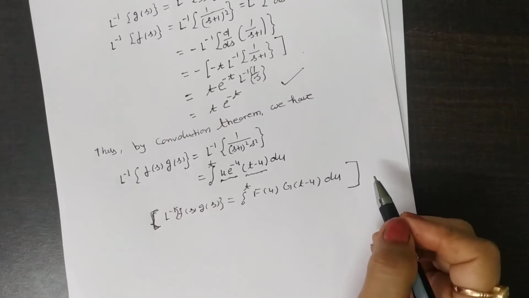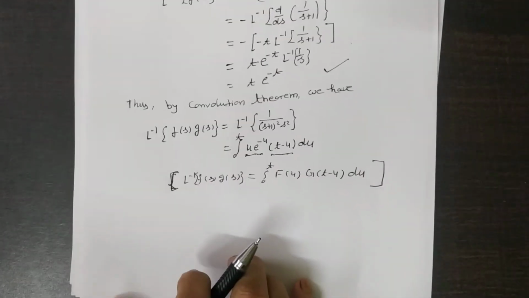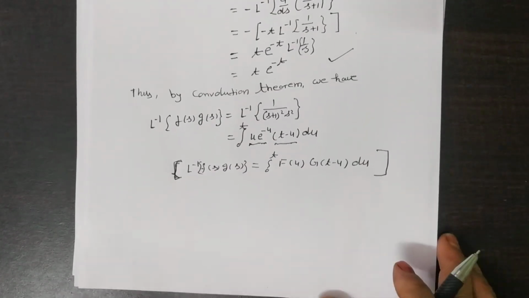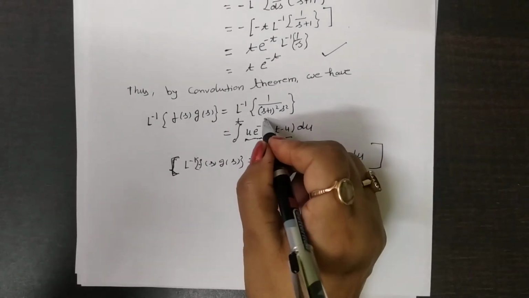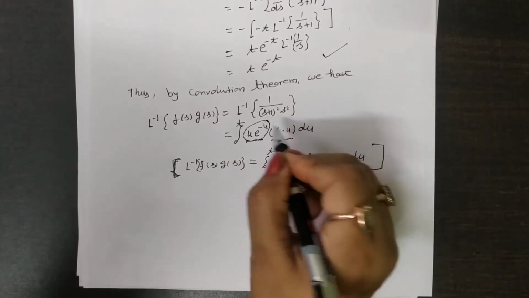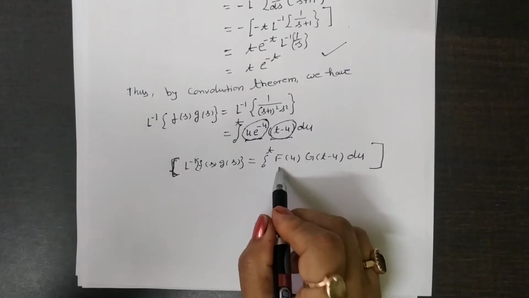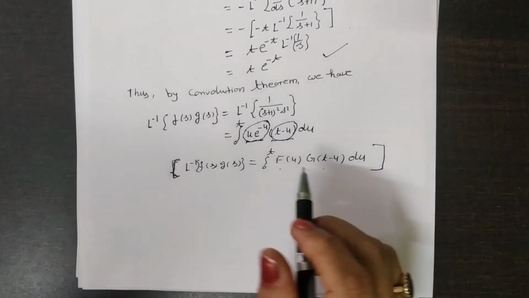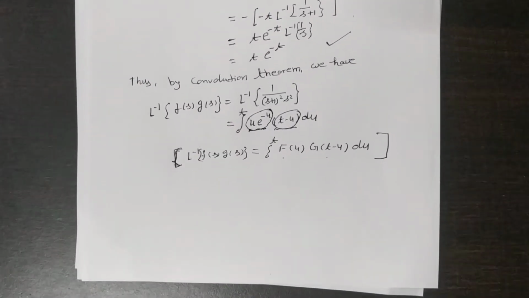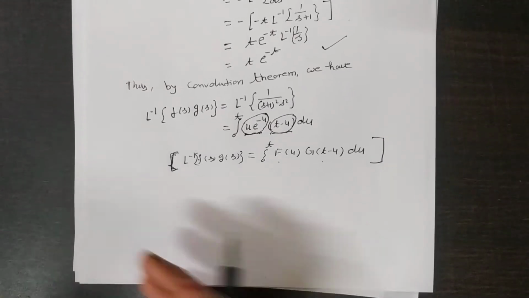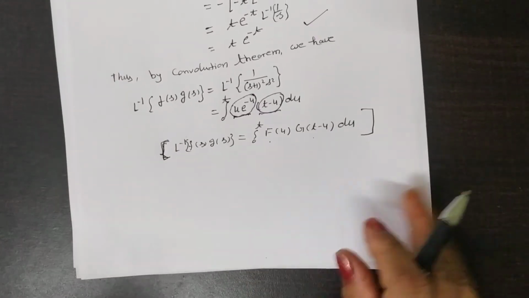I think you have no problem. This one is this term and the next one is this term, f of u and g of t minus u. Now it has been converted by the convolution theorem. Now you can integrate this and solve it.